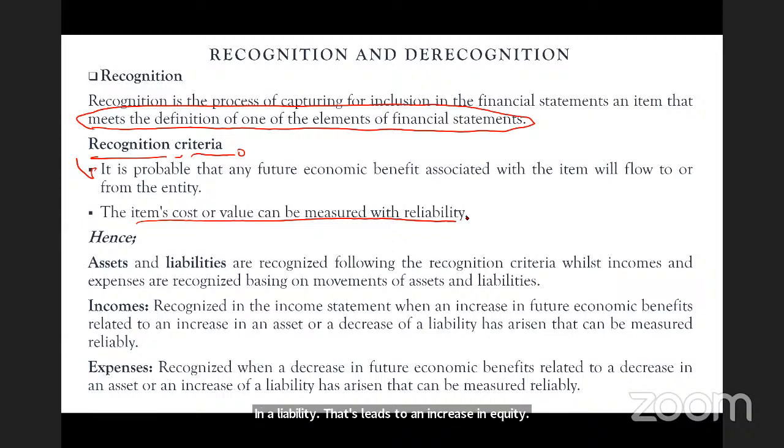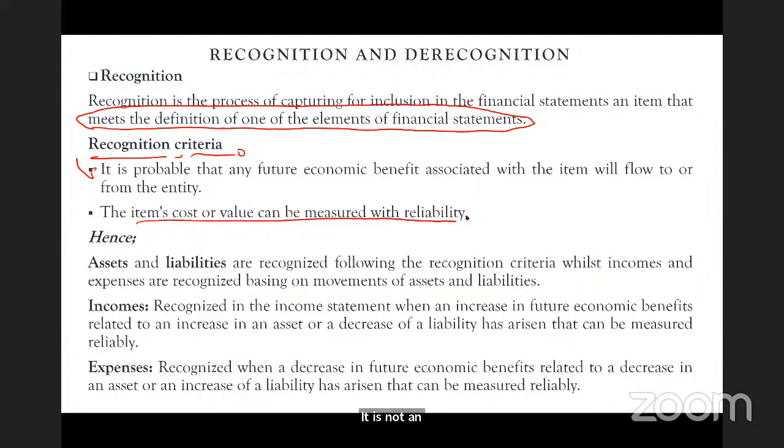So for it to be an income, it must increase equity. But as it is increasing equity, we have to make sure that that increment is not associated with owners. Are we together? Because equity can be share capital or any other contribution by owners. If an owner increases capital, it increases equity, but that increase in capital is not income. It is not an income, it is capital.